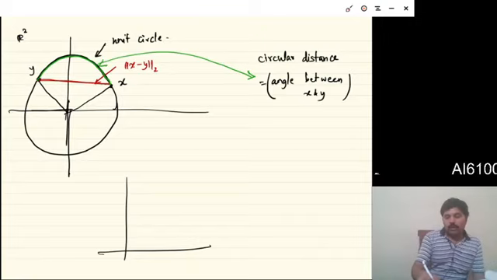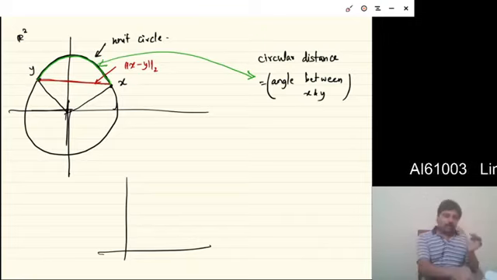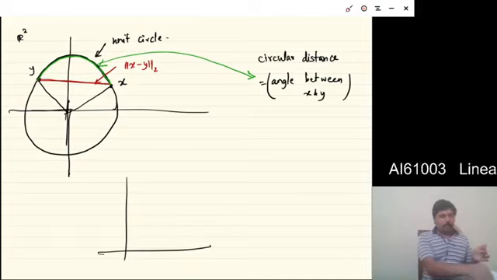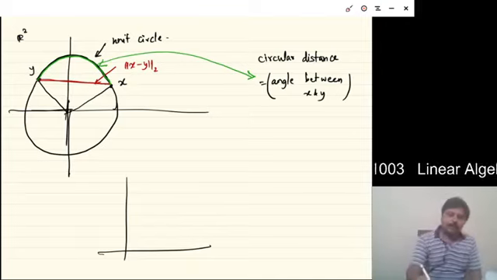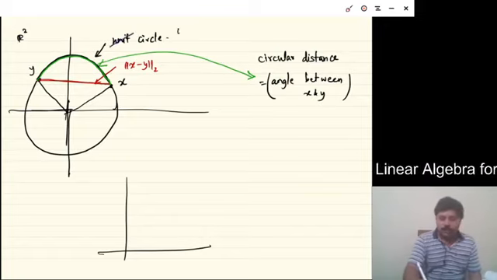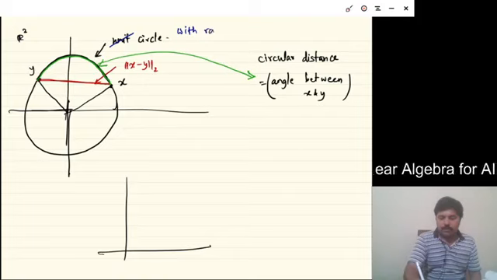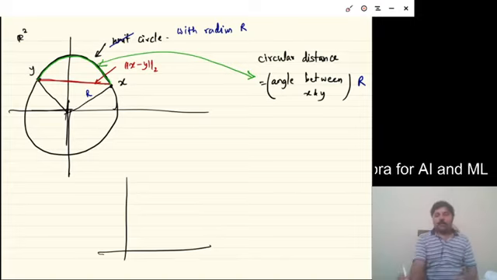By the way, you can take this concept forward in R3. In R3, you will be looking at a sphere. So instead of a unit circle, if you choose a circle with radius r, then you have radius r here, and you multiply this by radius r.